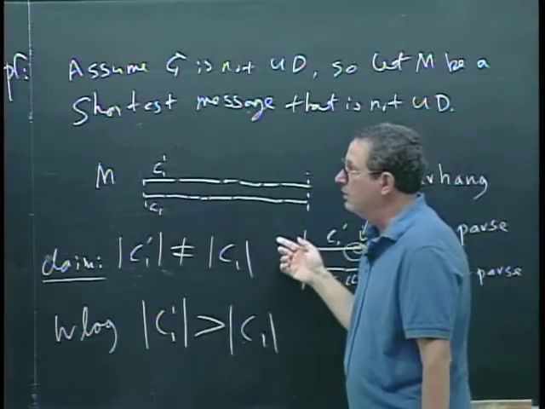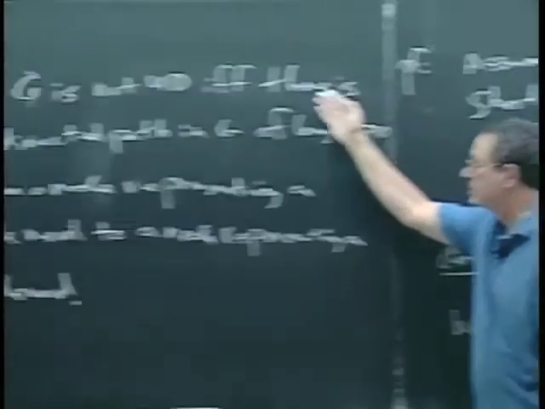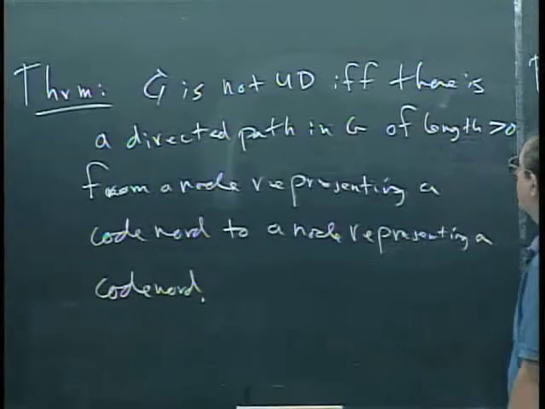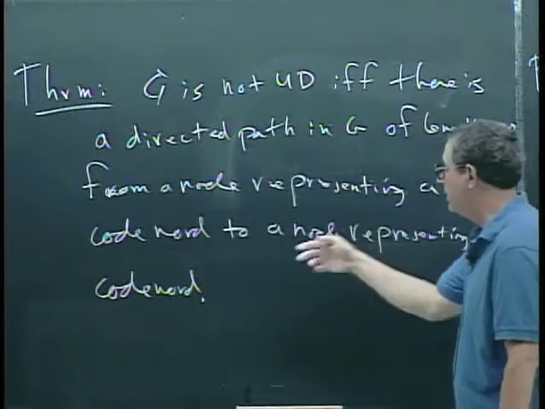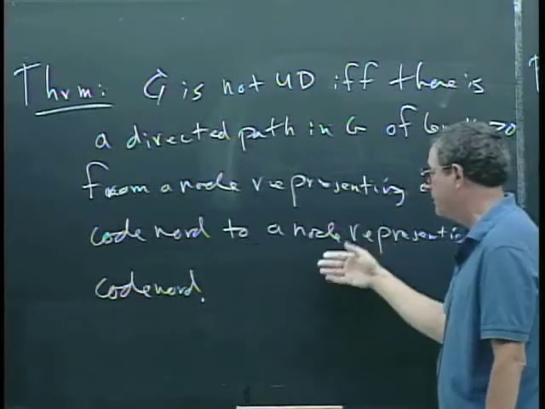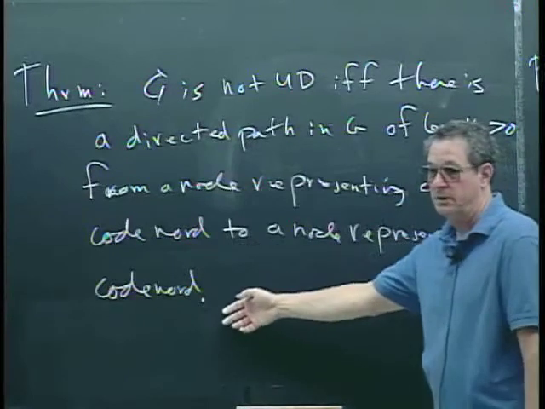Now our goal is to prove that there exists a path in the graph G, which we've defined, from a node representing a code word to another node, or it could be the same one, representing a code word.